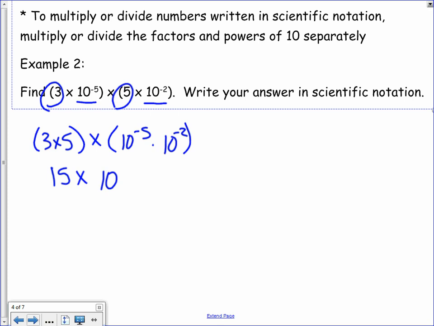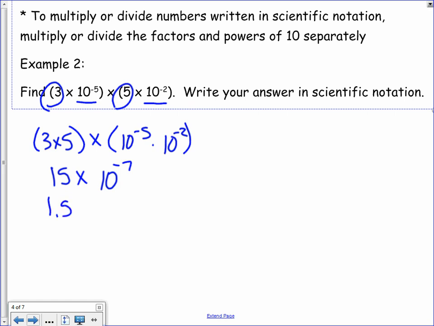The product of powers property again says we're going to add these exponents. Negative 5 plus negative 2 is negative 7. Now I have 15 times 10 to the negative 7. Is 15 times 10 to the negative 7 written in scientific notation? No, since 15 is greater than 10. So I need to rewrite this as 1.5.